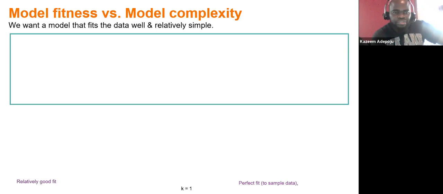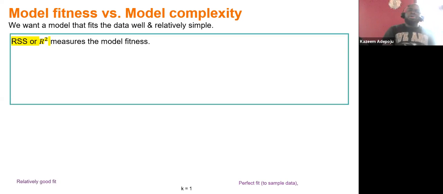Now, what are the measures of model fitness? The measures of model fitness are the residual sum of squares or the R squared. Of course, R squared means the coefficient of determination.